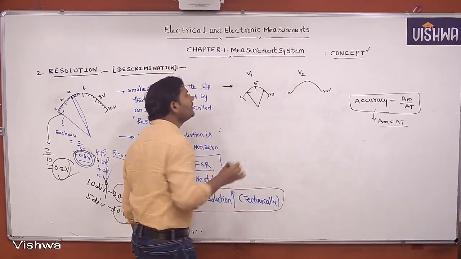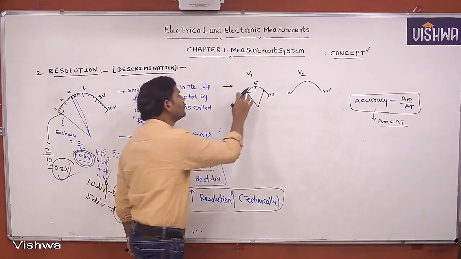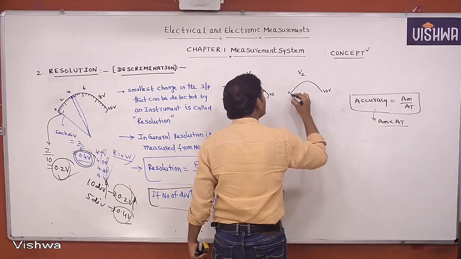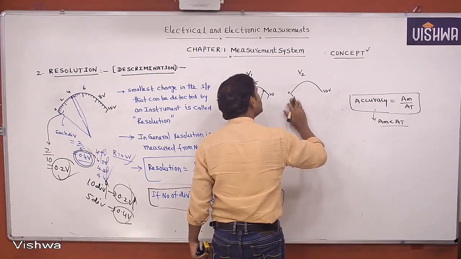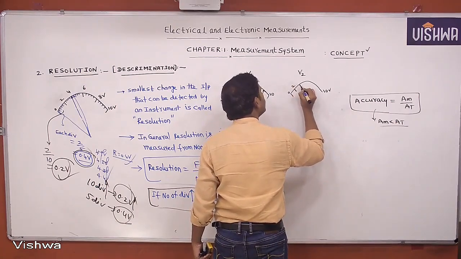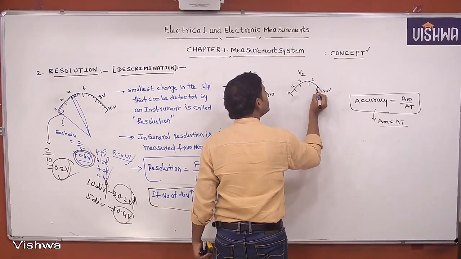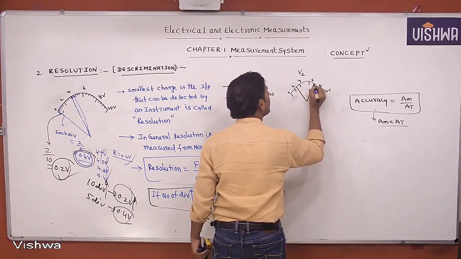Voltmeter 1 is designed with 2 divisions only. But voltmeter 2 is designed like this: 0, 2, 4, 6, 8, 10. Like this it is designed.